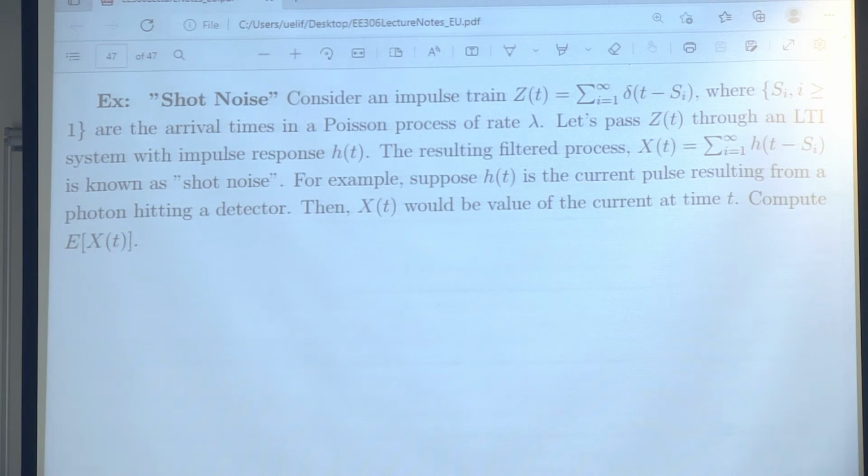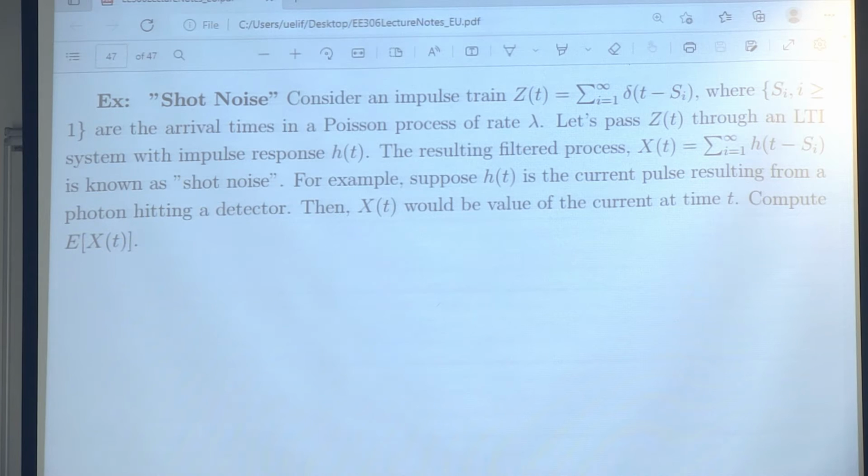For example, you can think of h of t as the current pulse resulting from a photon hitting a photodetector. And when you have a sequence of these photons hitting, you're considering the sum of the responses to each.